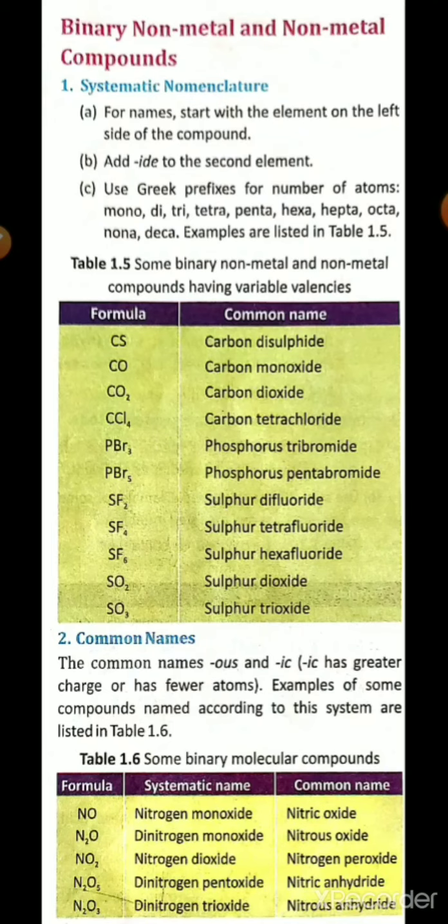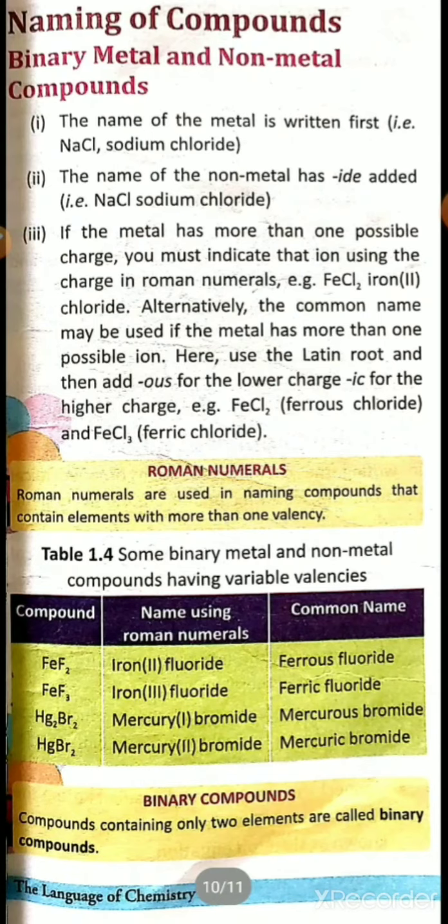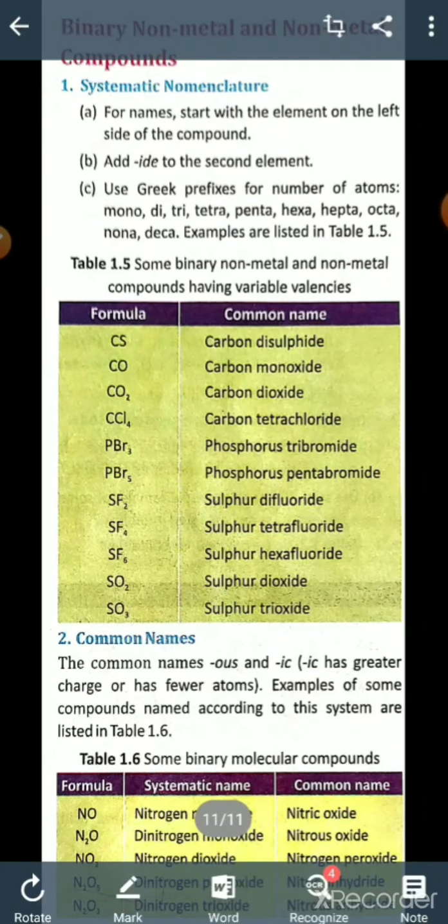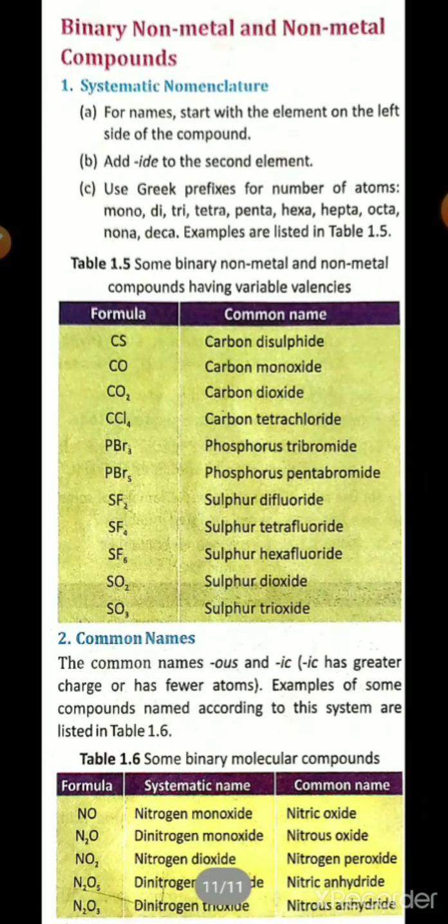So you just remember their formula and their common name. How the name came and how the formula is structured, you will read in higher class. You just remember their formula, their common name and the systematic name.